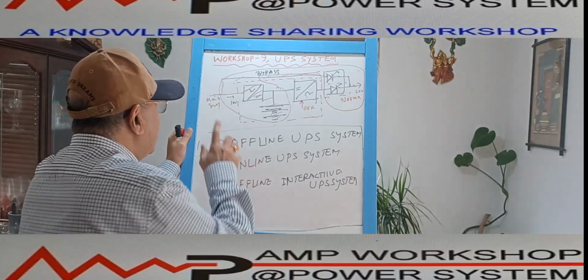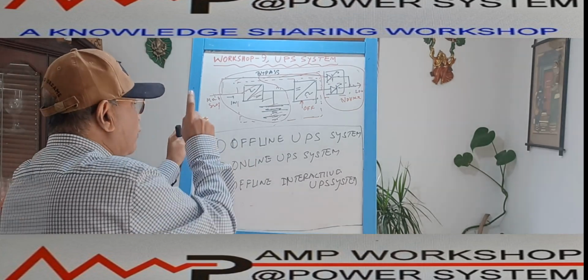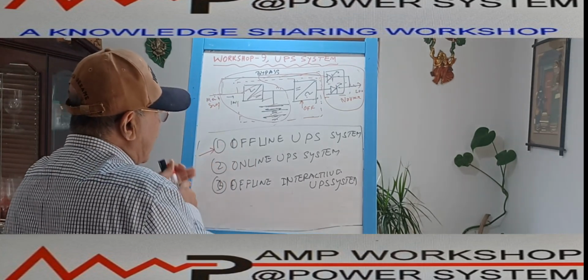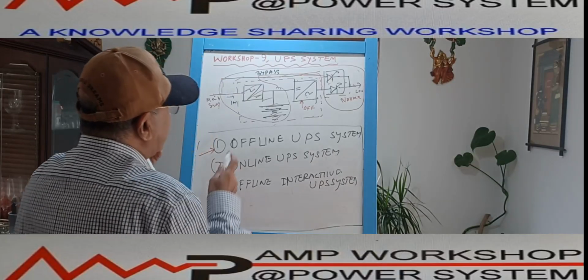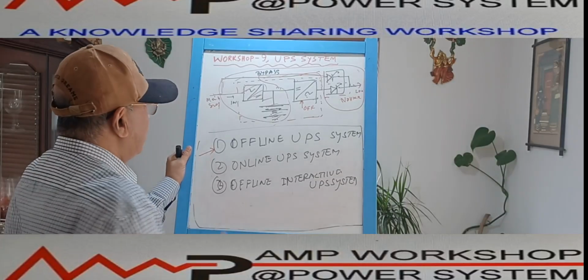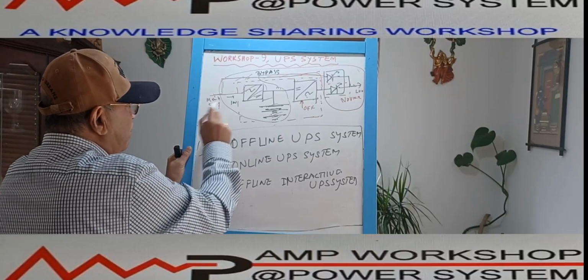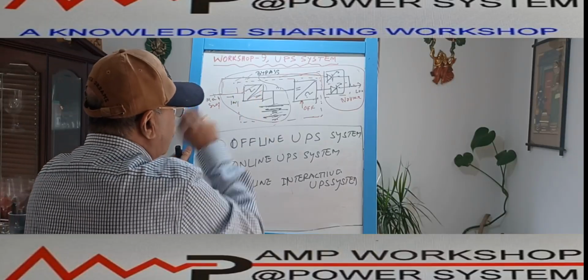The moment main supply fails, what will happen? In case of main supply fail, at that moment, what is happening? Then this rectifier is not working, right? Bypass is off, main supply is off. Main supply is off means bypass is off, rectifier is not working.